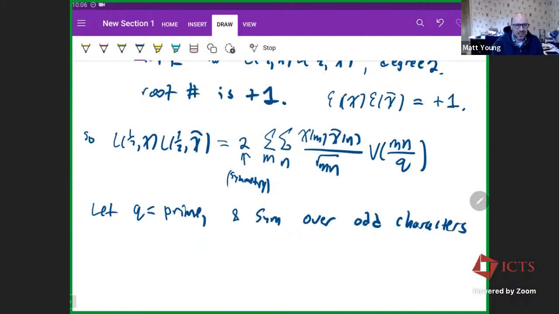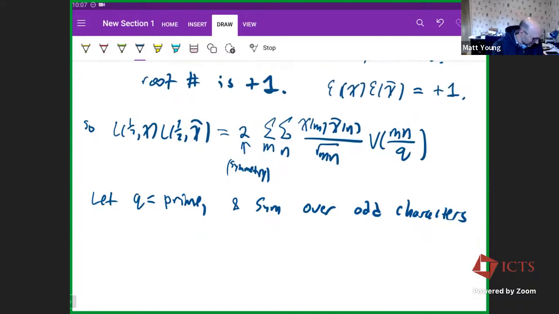The reason why I chose odd characters is that every odd character mod a prime is automatically primitive, because mod a prime, you have the trivial character, and then everything else is primitive, and the trivial character is even. So if you restrict to odd characters, everything is primitive for free. And so what you'll get is that you'll sum over chi mod p.